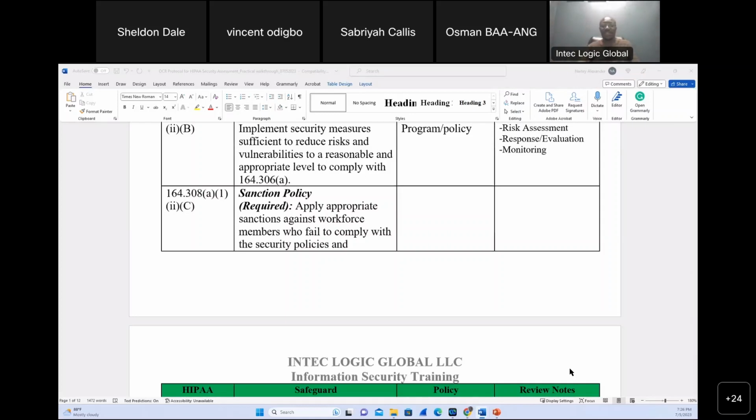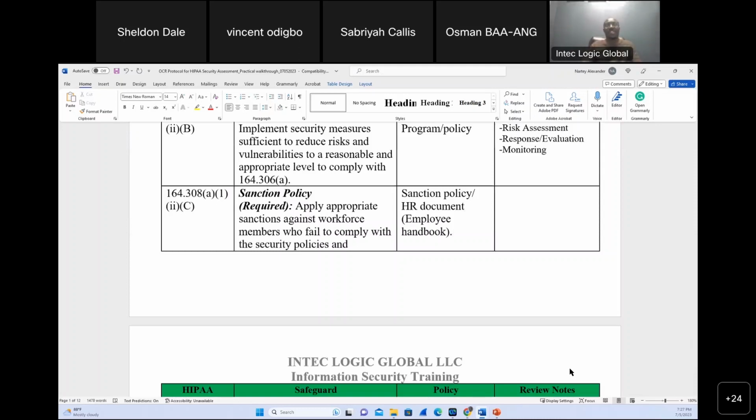I told you some of these things you are already doing, but you haven't really noticed it is security. Depending on the company, some of them have a sanction policy or an HR document, like the employee handbook, which says that if you go against the HIPAA law, we will sanction you.